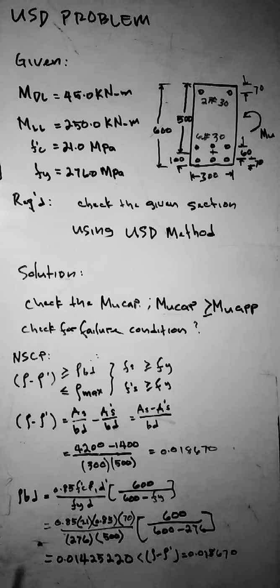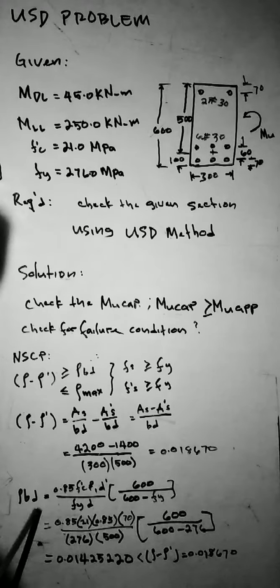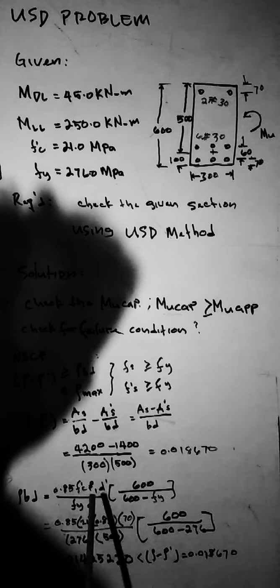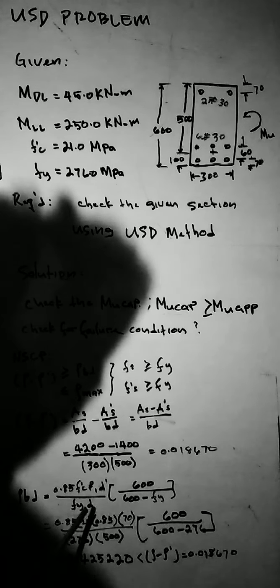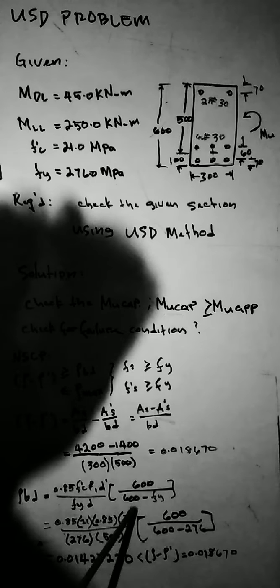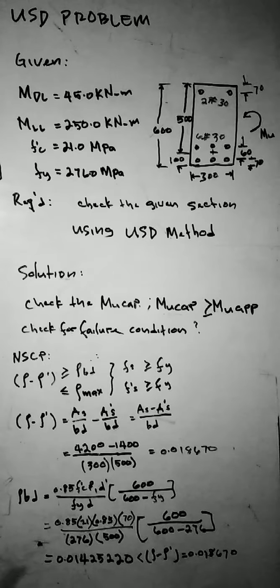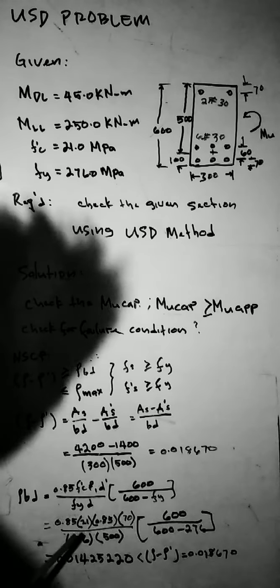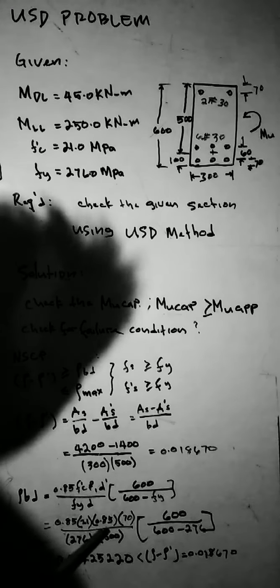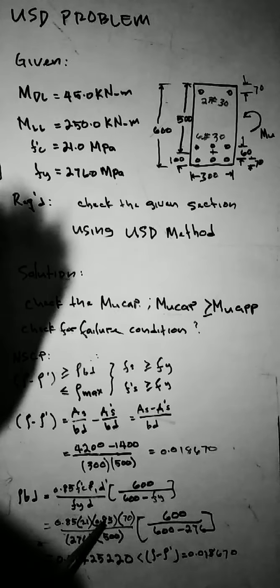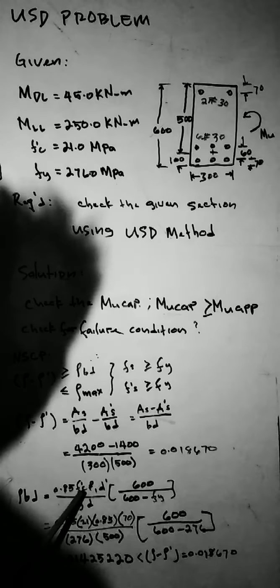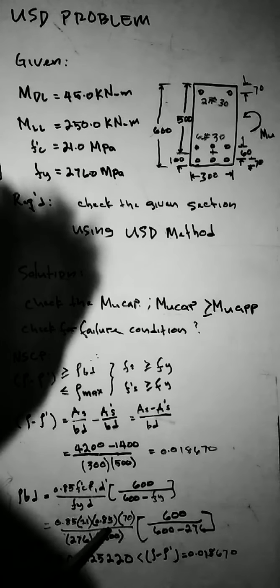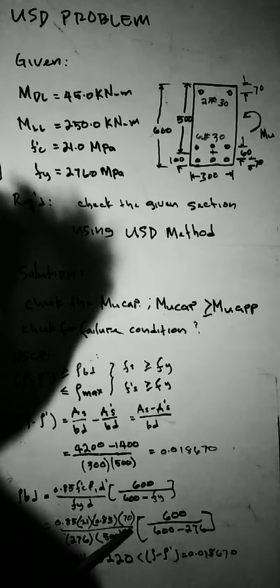Okay. Next is the rho BD. And this is the equation: 0.85 f'c beta sub 1 d prime over fy d times this quantity 600 over 600 minus fy. And we have the value of this. 0.85 f'c, f'c is 21. Beta sub 1 is 0.85 since the f'c is less than 30 megapascal. So we use 0.85. And d prime is 70.